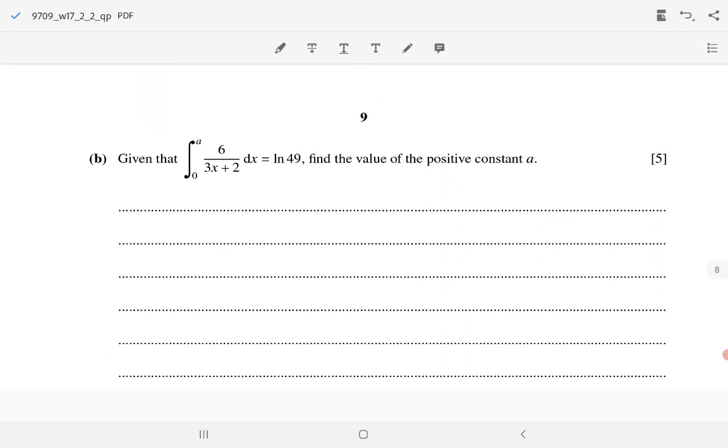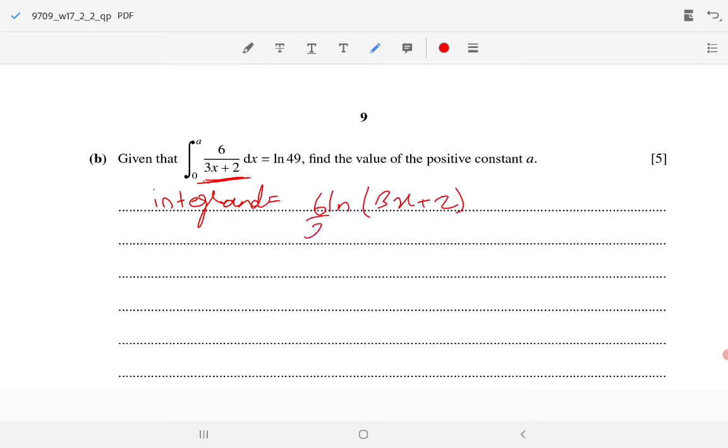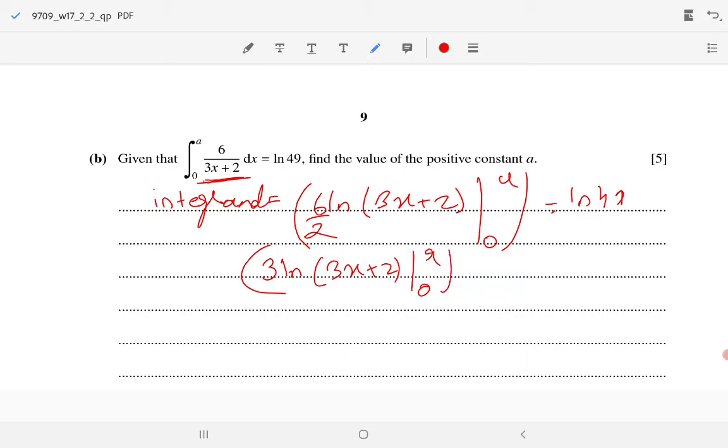It is given that, since it's in this form, we just have to use natural logarithms. The integral is going to be 6 ln 3x plus 2 divided by 2, from 0 to a, which is equal to ln 49. 3 ln 3x plus 2 is equal to ln 49.